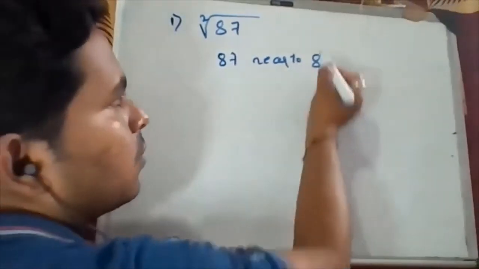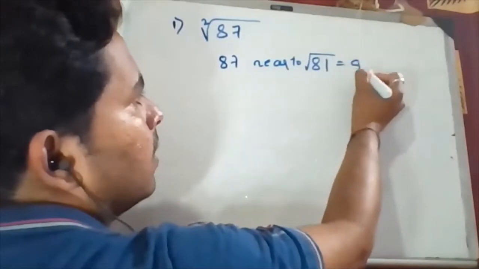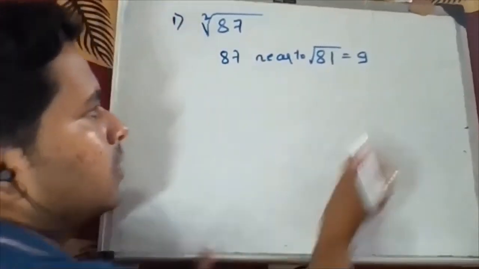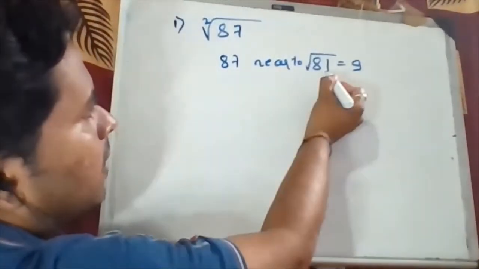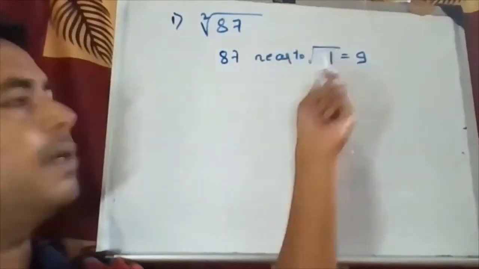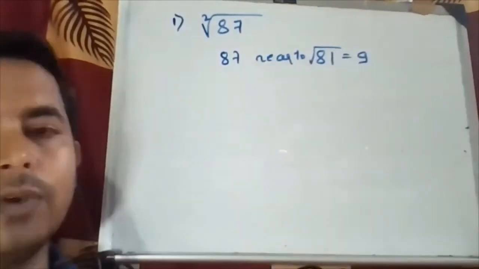And what is the square root of 81? It is 9. So you have to think that your answer will also come in 9 plus some value, because 87 is near to 81.